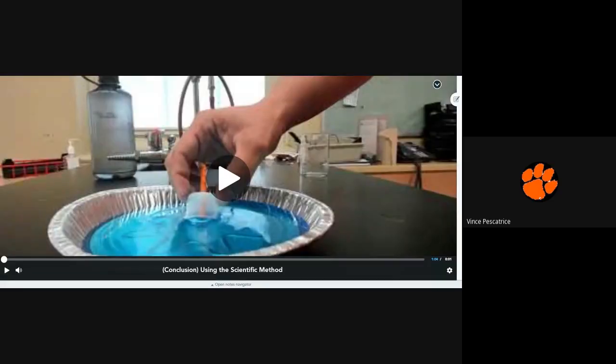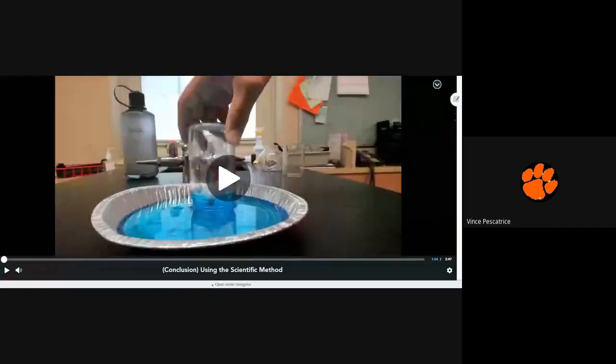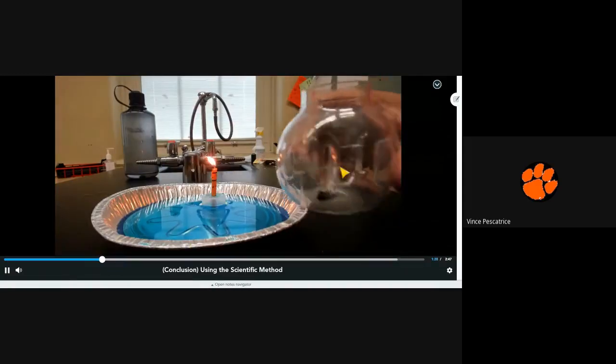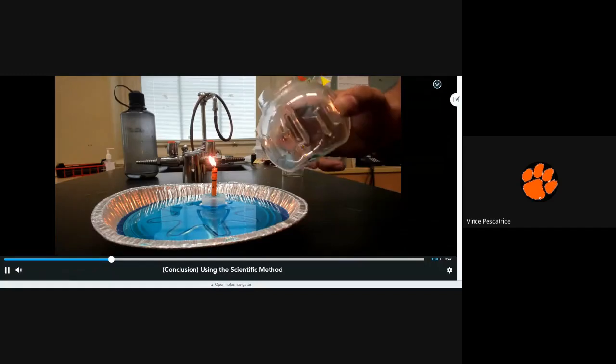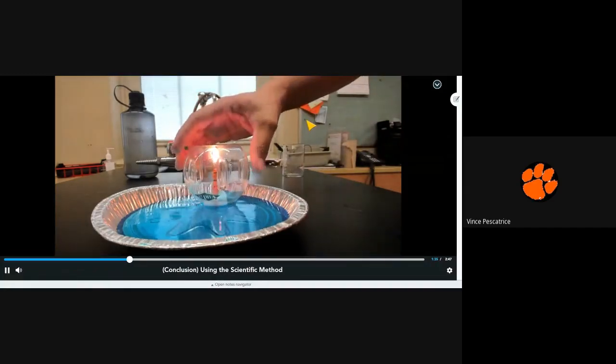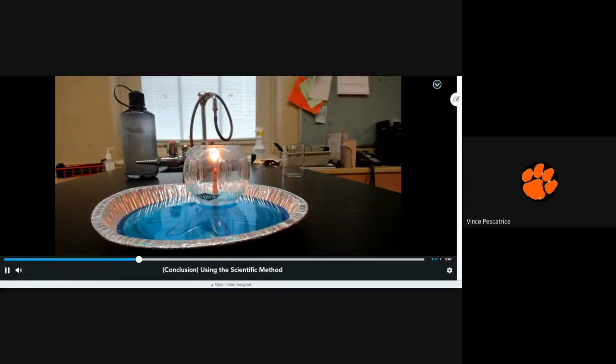All right, so next up, I'm going to change the size of the jar. I have a round jar now that I'm going to play with. We're going to put it over top of the candle. And again, think about that compared to the other jar as well.